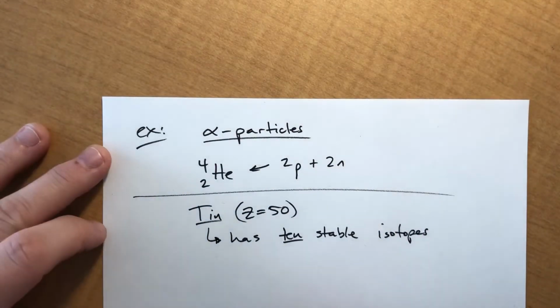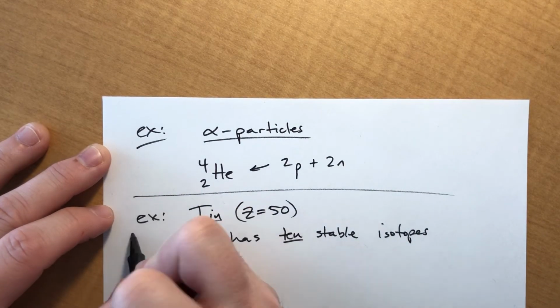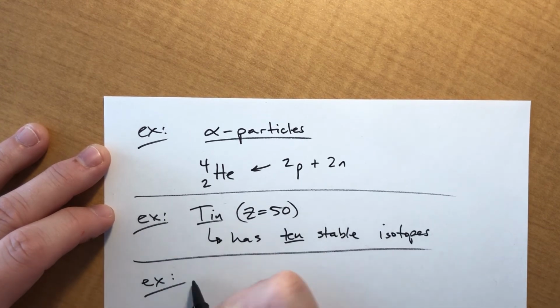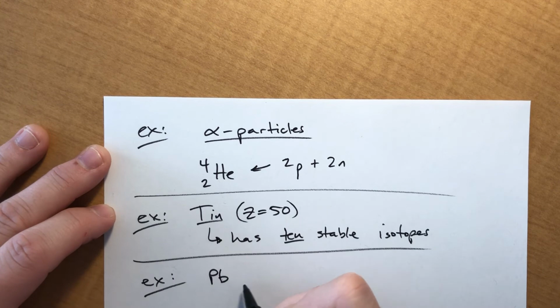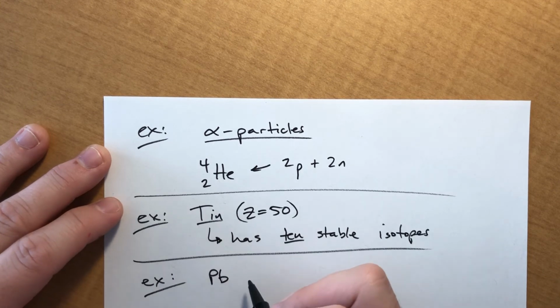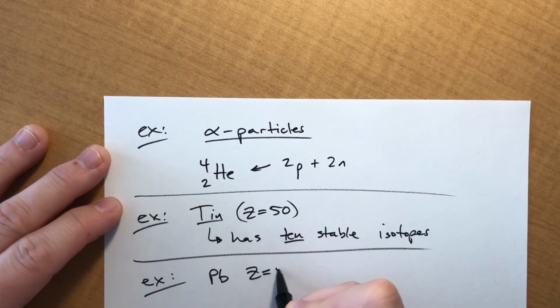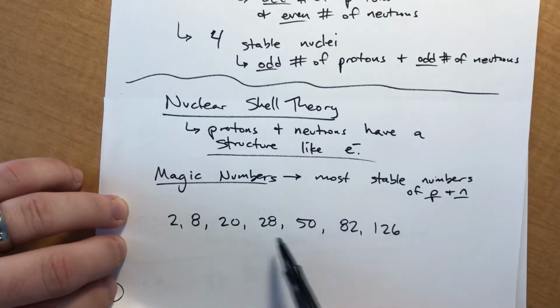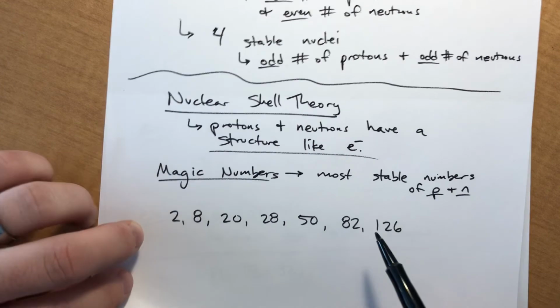Okay? The reason that the radioactive decay series ends with lead is because lead is really freaking stable. Okay? Lead is Z equals 82, which is also one of our magic numbers. I pointed at the wrong one, but it's one of the magic numbers.